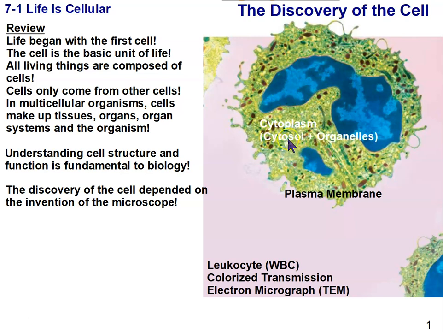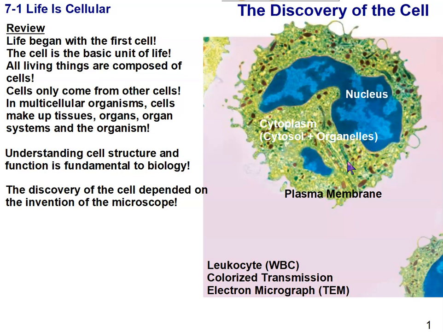The liquid portion is referred to as the cytosol. You need to be aware of that term because you'll see it used, and you need to know that it's basically just the liquid portion of the cytoplasm. There are also organelles that are suspended within the cytosol. So the cytoplasm refers to the cytosol and all the organelles that are found within the cytosol.